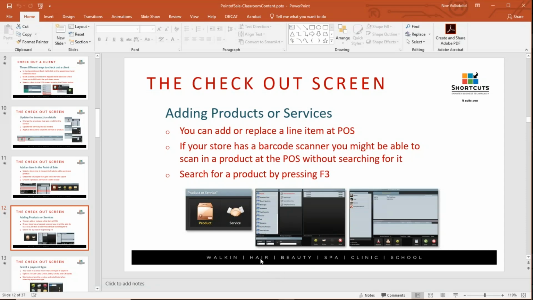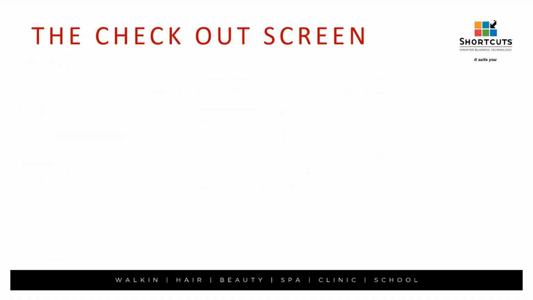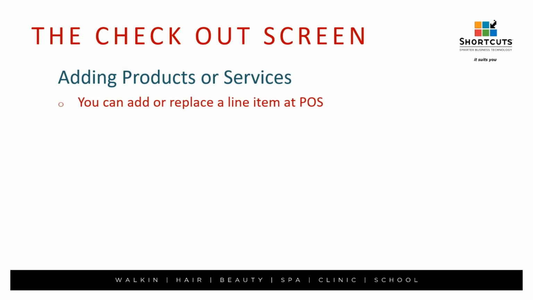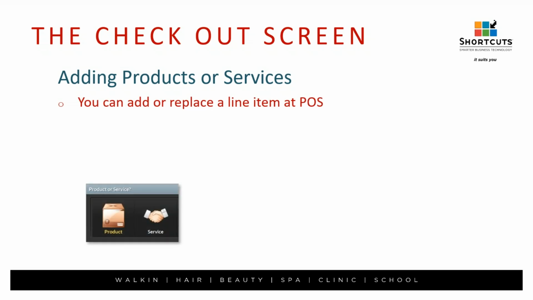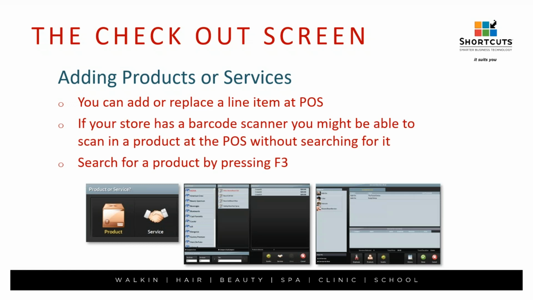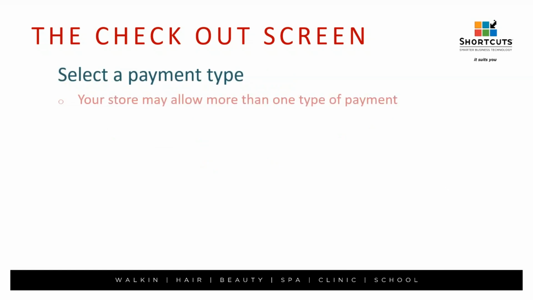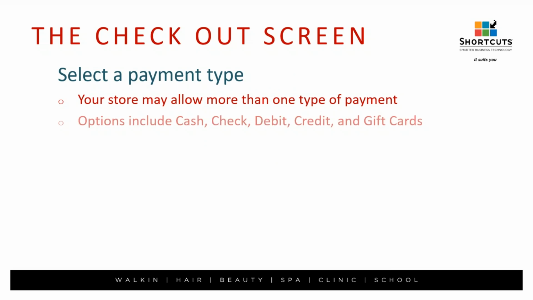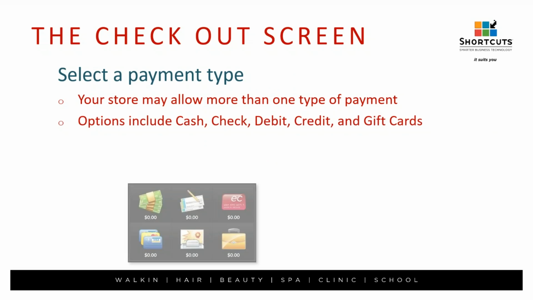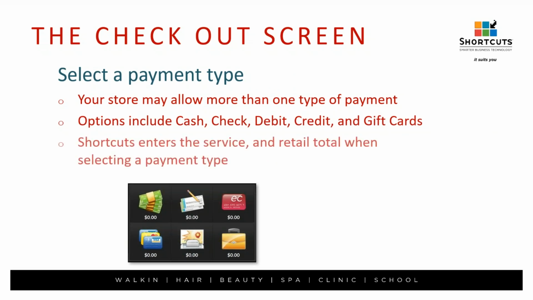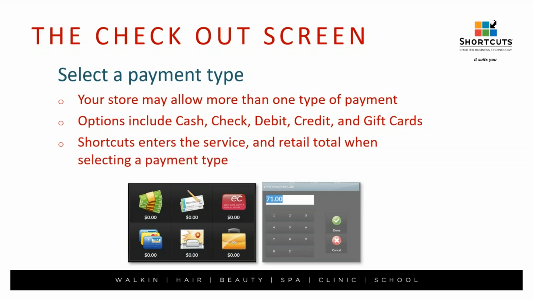So back to the checkout screen. So we talked a moment about adding products, adding services, changing the information in the point of sale. So we can always add and replace products and services. And if you don't have a barcode scanner, when you press F3, that allows you to type in a keyword for that product and bring up the item.